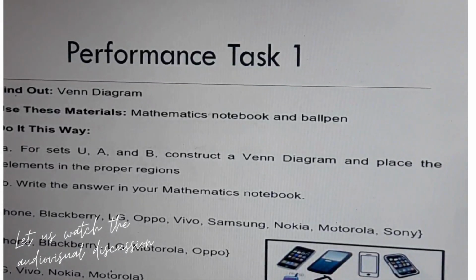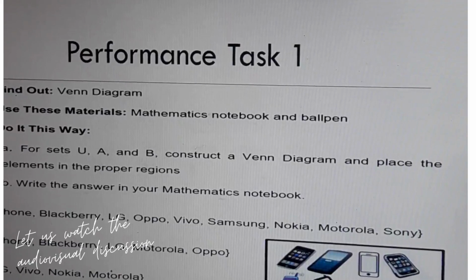Okay, your performance task, by the way, is to make a Venn diagram on paper considering the universal set and sets A and B. Our universal set is composed of iPhone, BlackBerry, LG, Oppo, Vivo, Samsung, Nokia, Motorola, and Sony mobile phones.